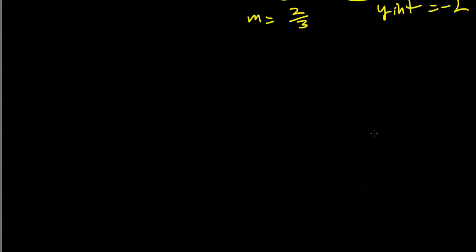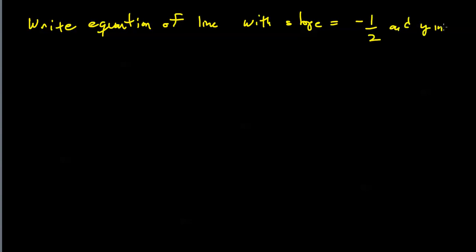So let's expand this idea. The title of the section is, again, Writing Equations of Lines, so you'll be getting very familiar with this expression. Write the equation of a line with slope equal to -1/2 and y-intercept equal to +7.